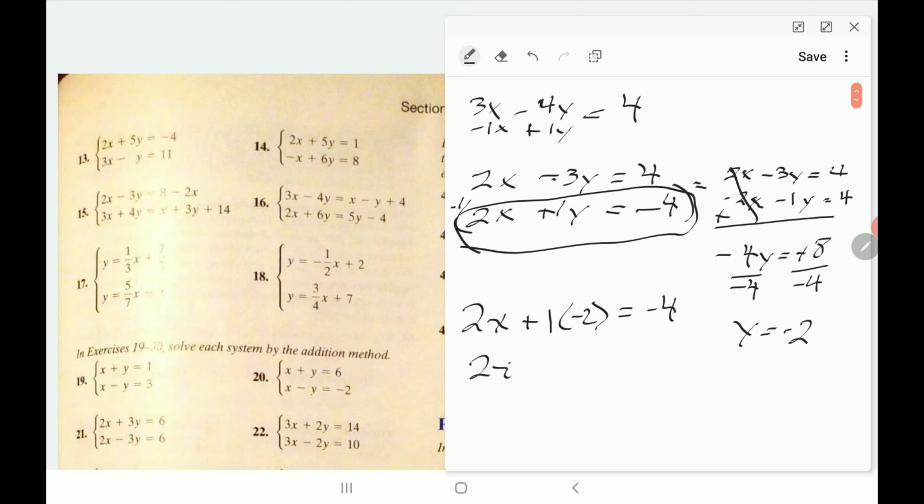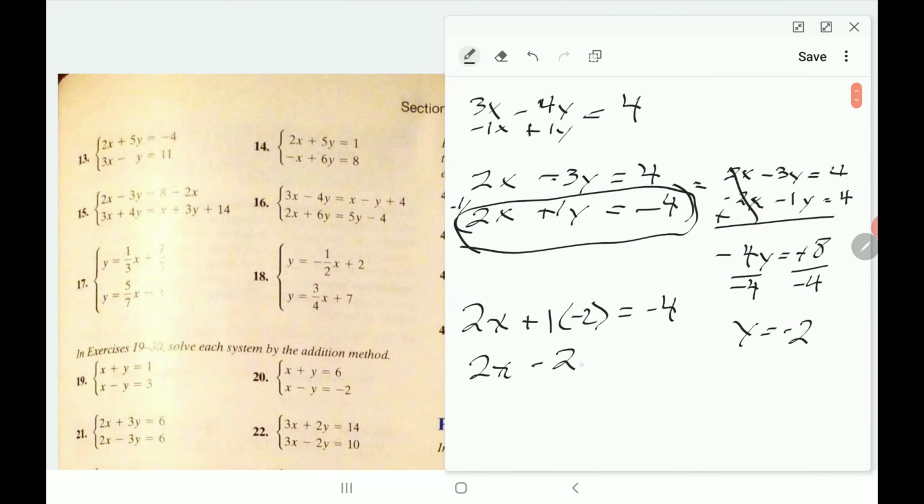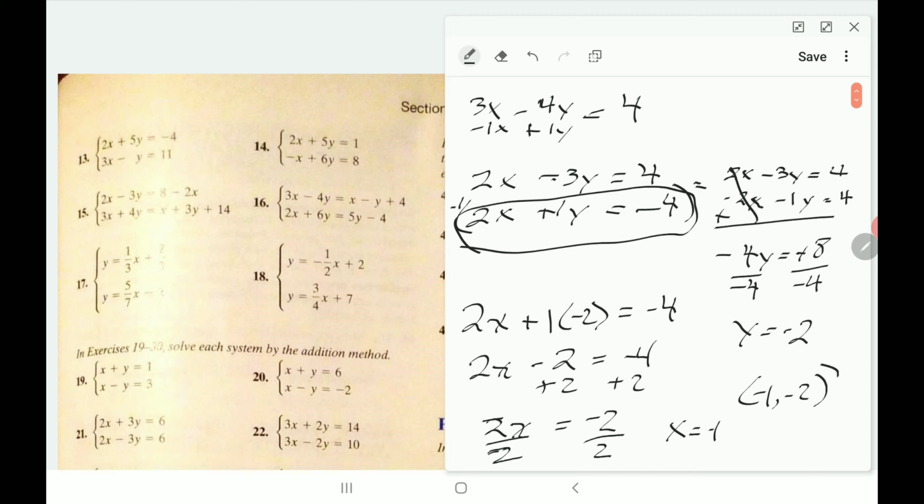So 2x, plus, well, now it's minus 2, equals negative 4. Add the 2 over. 2x equals negative 2. Divide by 2. X equals negative 1. So negative 1, negative 2 would be the solution for number 16.